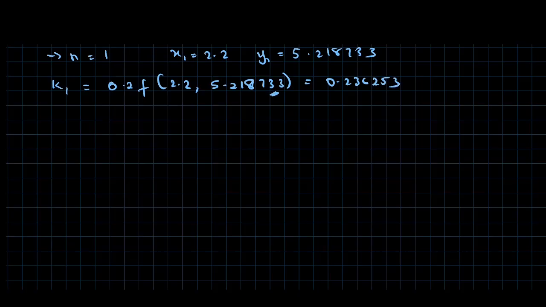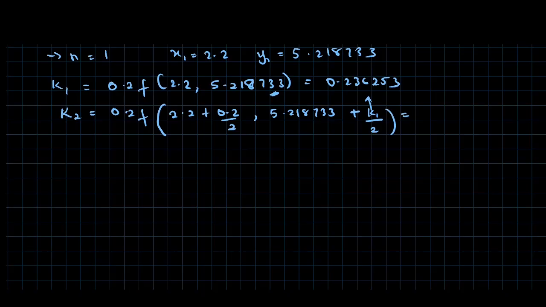You substitute this into the function and then multiply by 0.2. Then for k2, it's going to be equal to 0.2 f of xn, 2.2 plus h over 2, comma 5.218733, that's y1, plus k1, which is this, over 2.